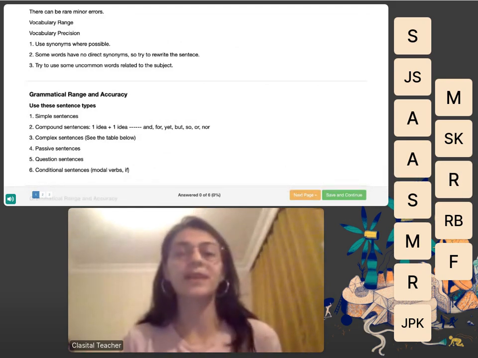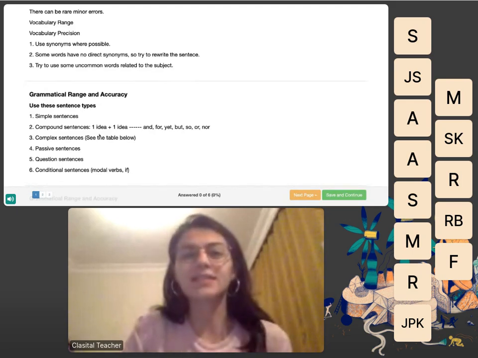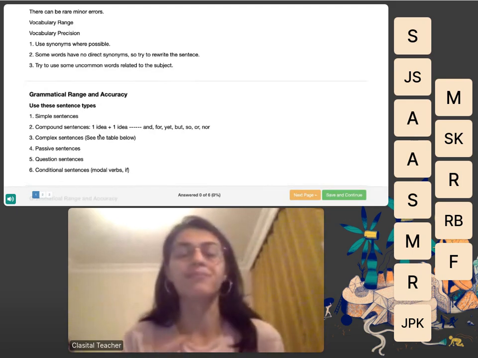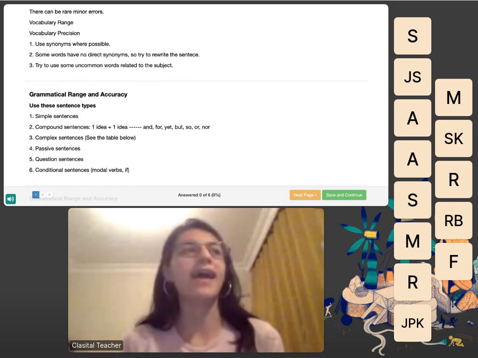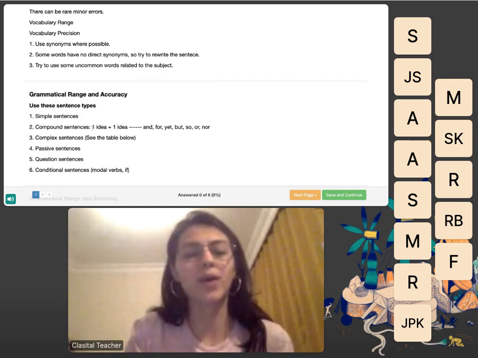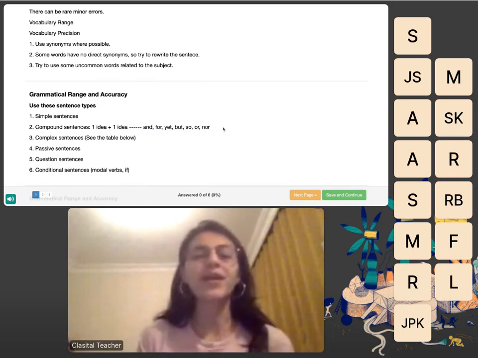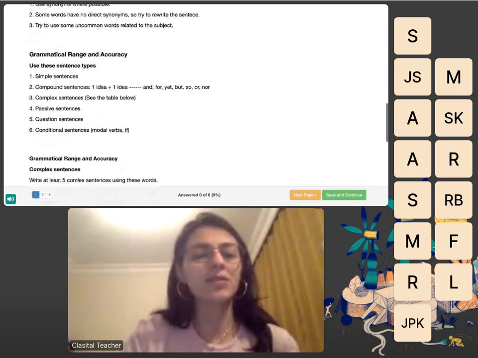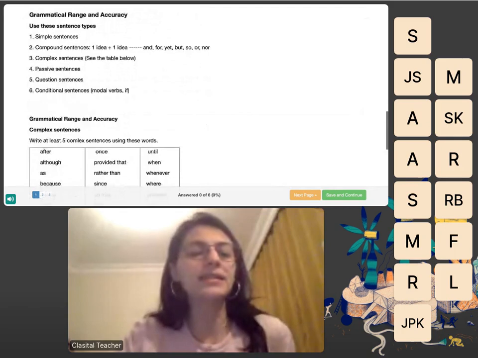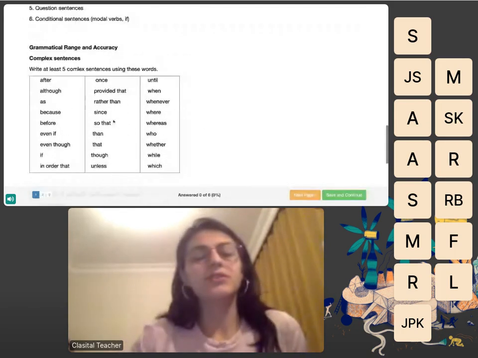And compound sentences are basically those sentences where you connect or give the opposite of two sentences and create one sentence. So you add one idea to another using and, for, yet, but, so, or nor.